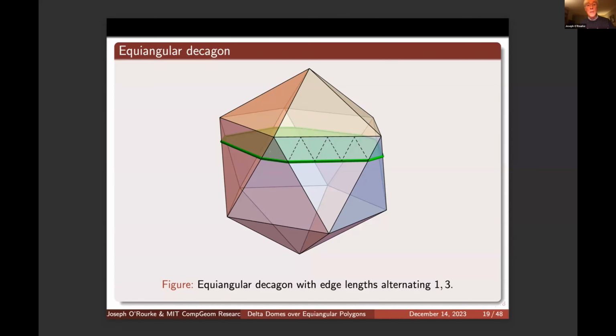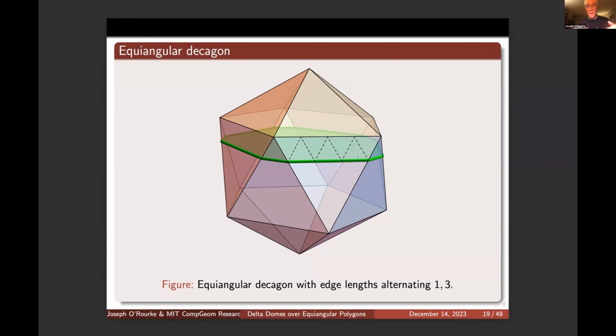And notice that here, this edge is of length 1. This edge is of length 3. The next edge, 1, 3, 1, 3, 1, 3. So that pattern continues. I mentioned that we completely characterize those patterns. And this is an example of the type of pattern that is achievable.